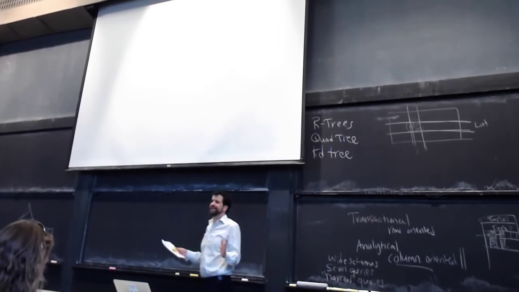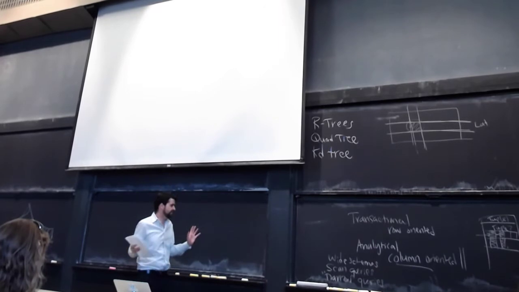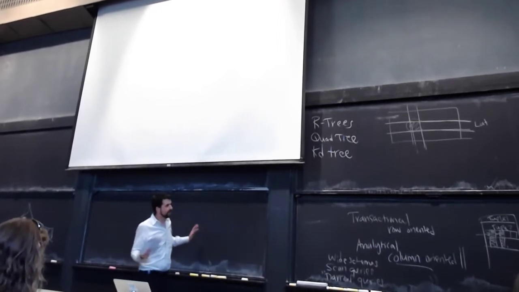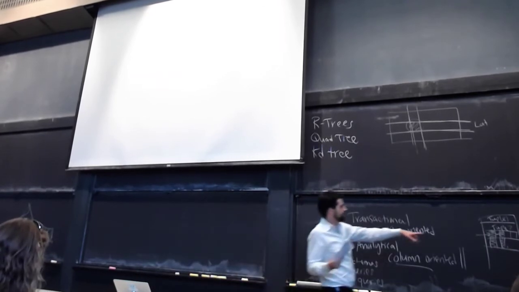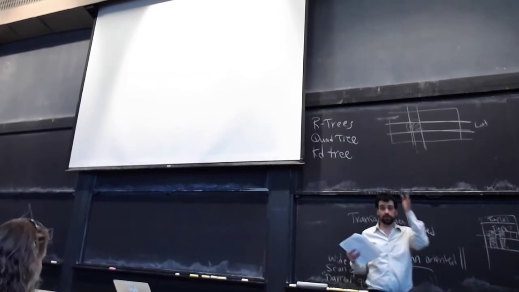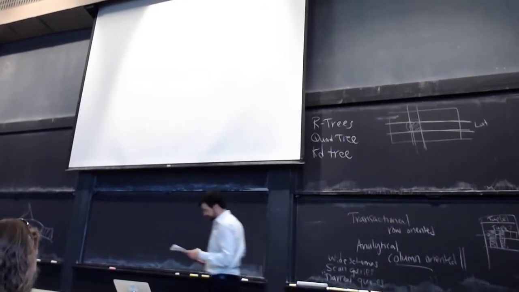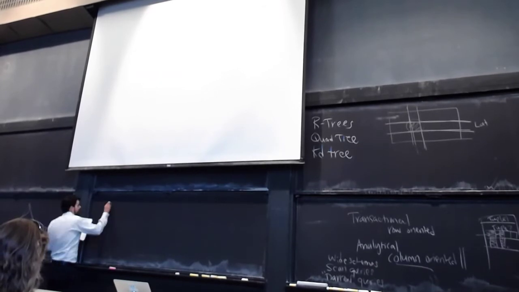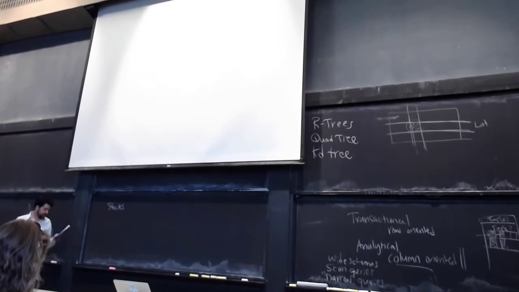So the column-oriented idea is super simple. This is an idea that's been around for a while in the database community. It is simply to say, rather than storing this row by row, let's store it column by column. So if I have a table of, for example, stocks, let's take this as an example.